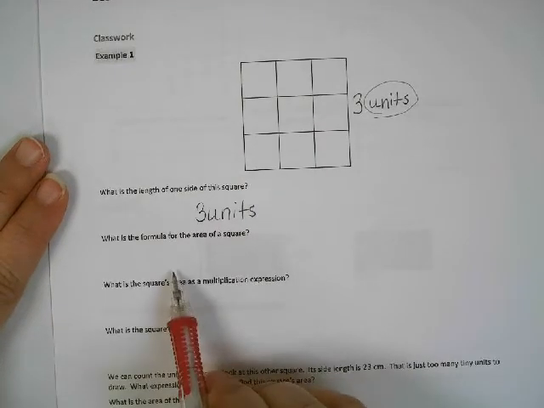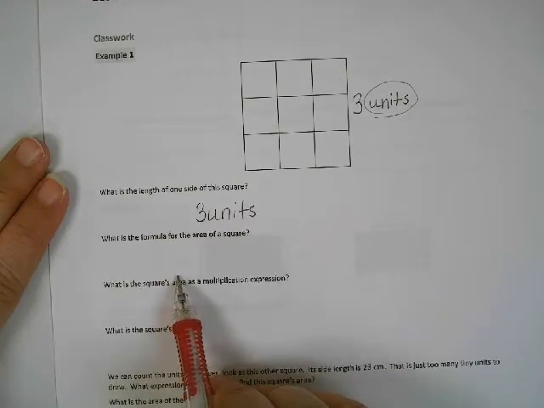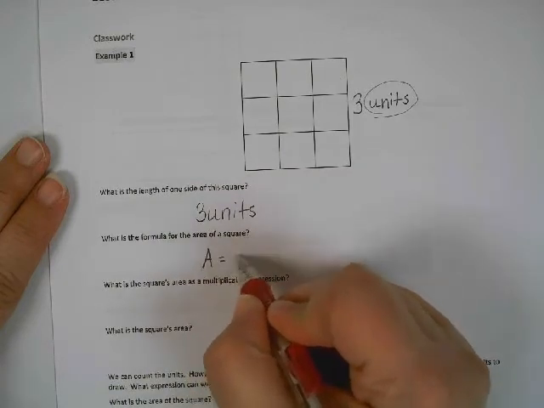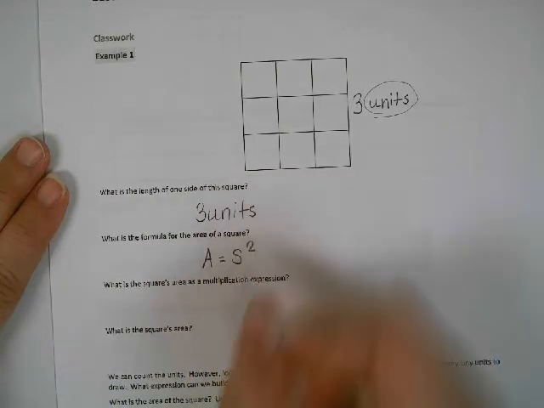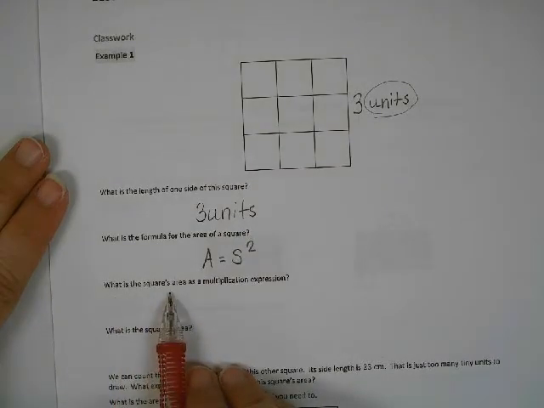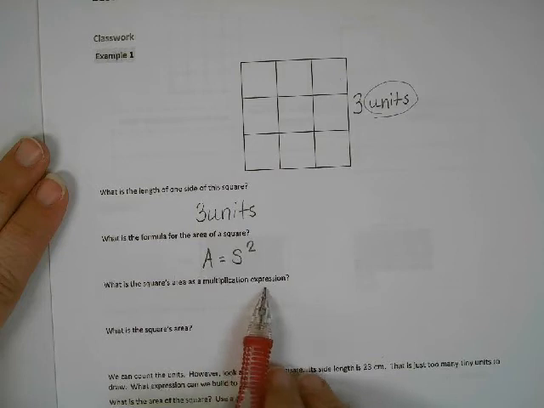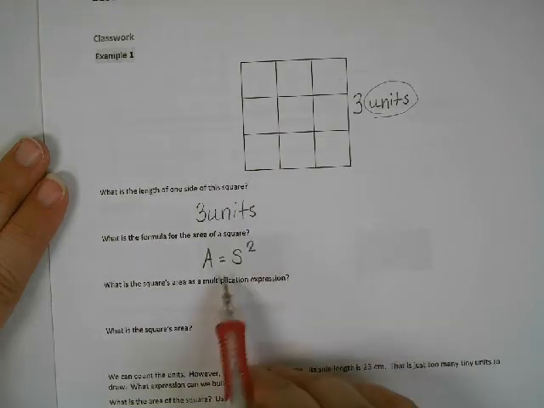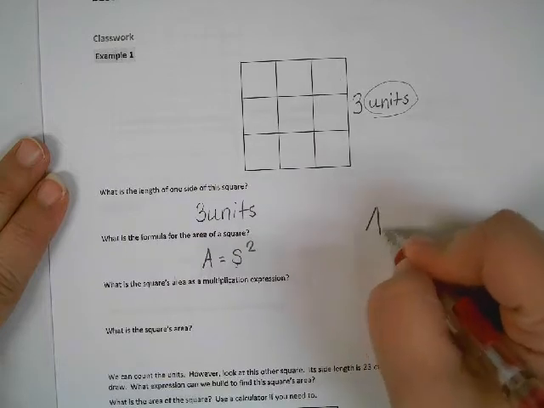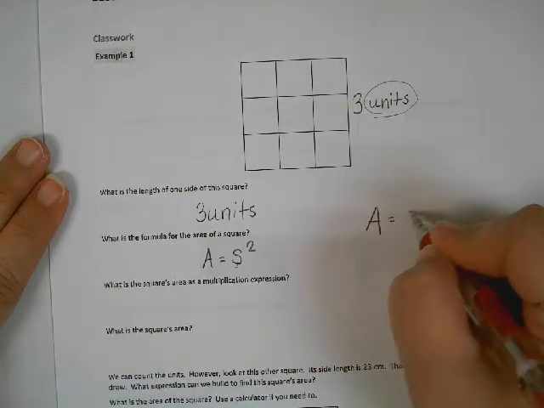Next it says, what is the formula for the area of a square? If you remember in your notes, we said that the area of a square is A equals S squared. Now it says, what is the square's area as a multiplication expression? So now they want us to write this out. Over here to the side, we're going to write in that formula.